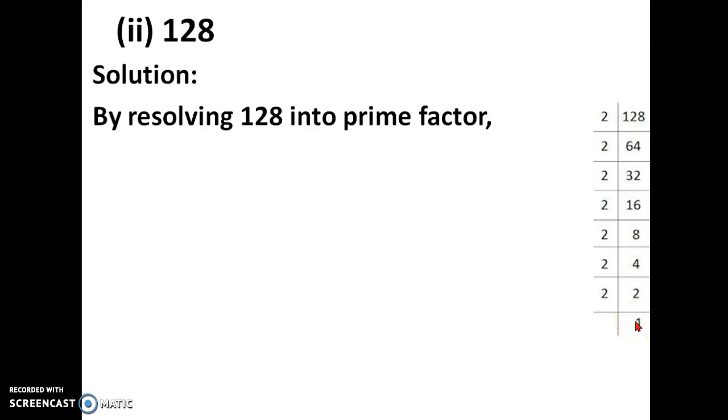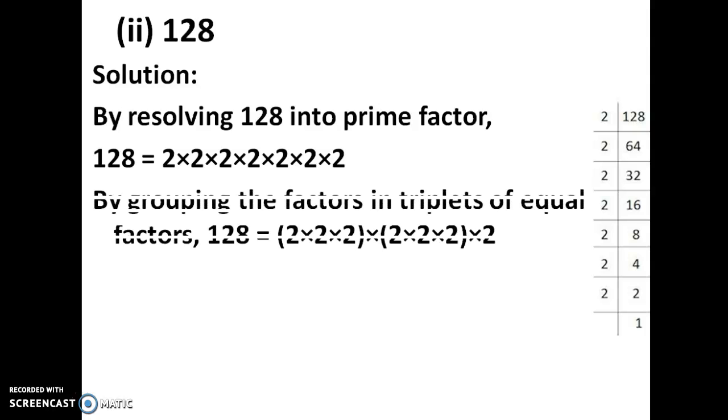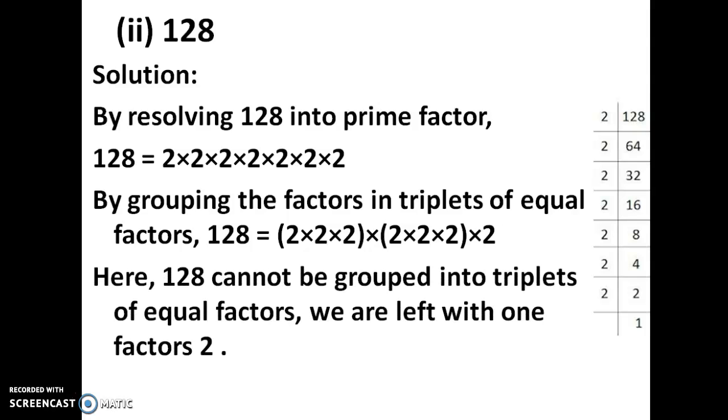Now check whether you can make sets of triplets. You can make 2 sets and one 2 is left without a pair. That means this is not a perfect cube. 128 cannot be grouped into triplets of equal factors, so we are left with one factor 2. So 128 is not a perfect cube.